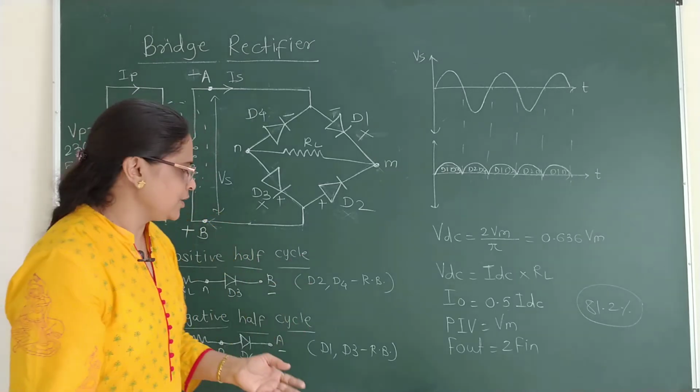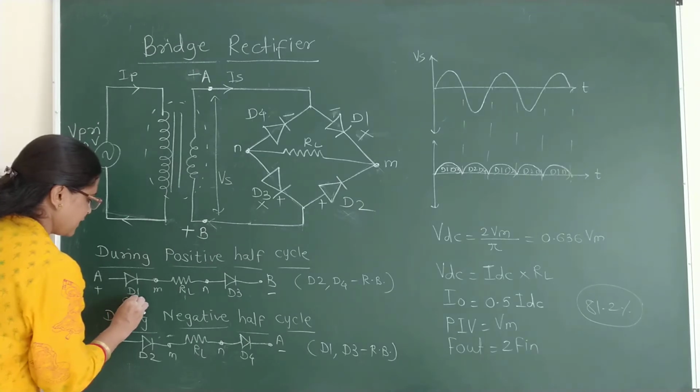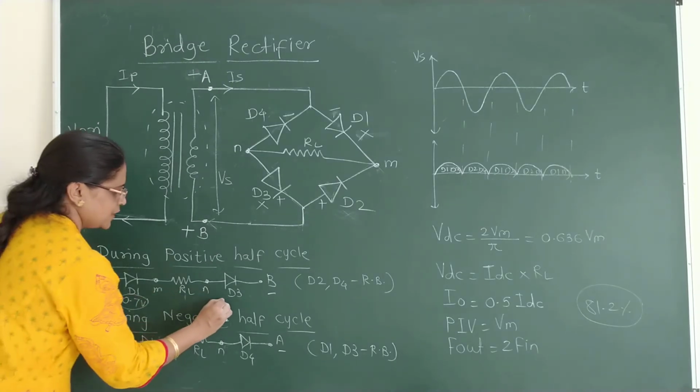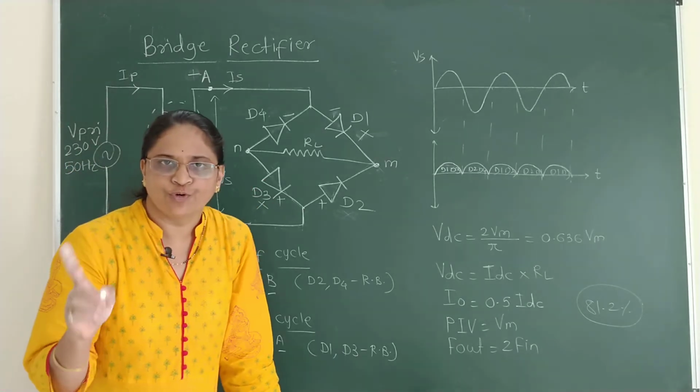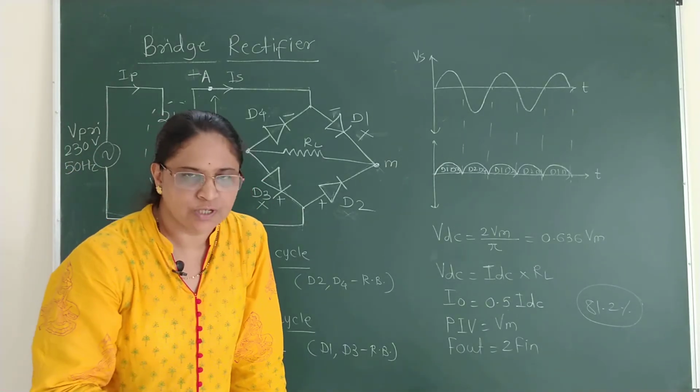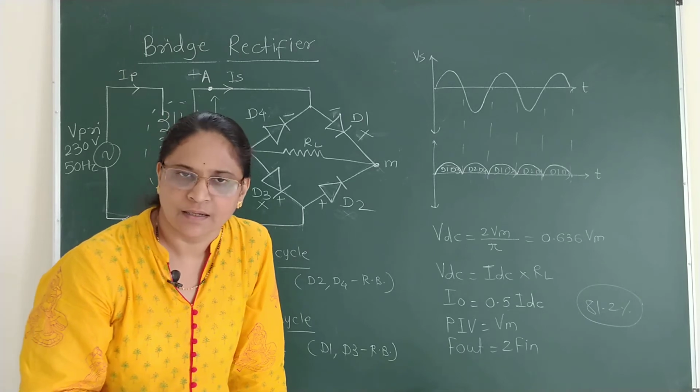So for a single diode, how much is the minimum voltage requirement? 0.7 volt. So whenever two diodes are in series, minimum 1.4 volt is to be utilized to overcome the internal depletion layer.